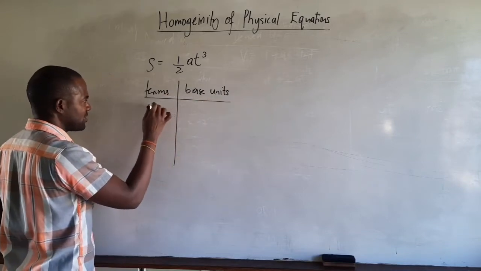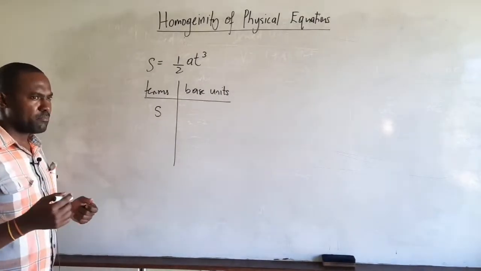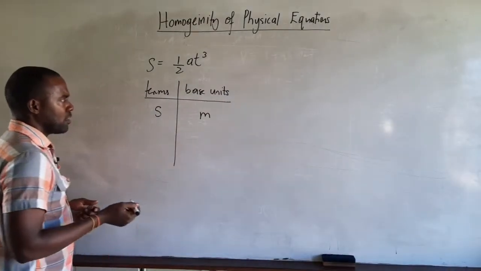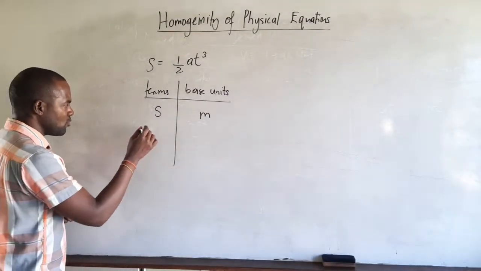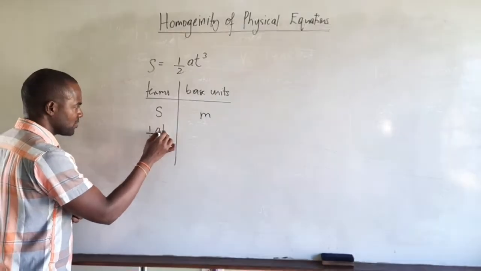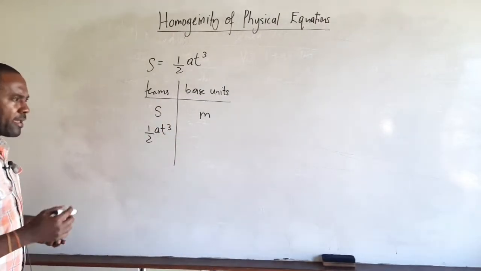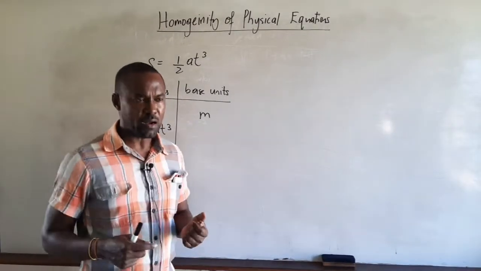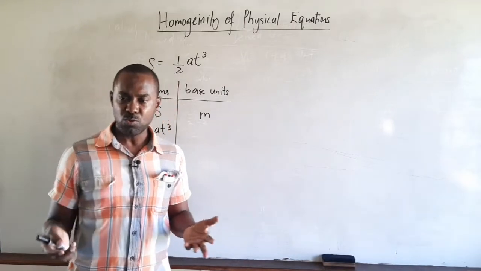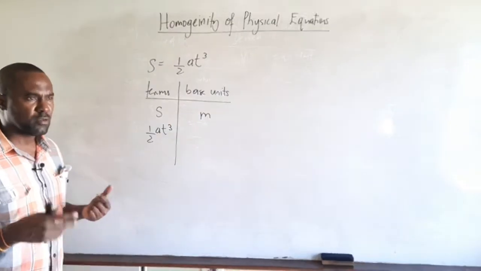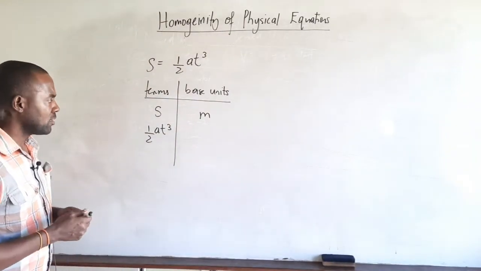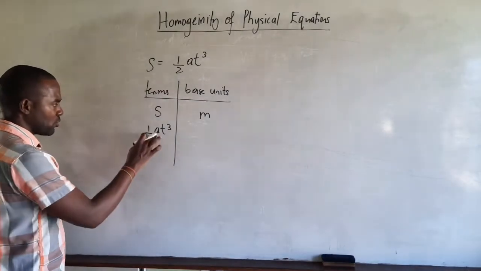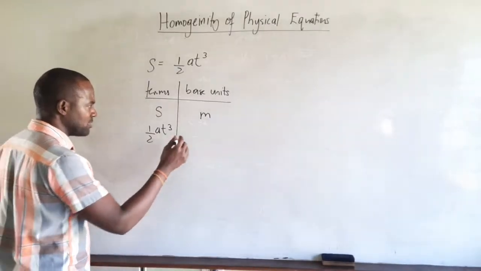So s represents displacement, the base unit of which is the meter, m. Half a t cubed is the second term in the equation. Again, as we mentioned before, the number half is just a multiplying constant and obviously has no units and will not affect whether the equation is homogeneous or not. And so therefore, in terms of the base units, we have the units of acceleration, which is meter per second squared.